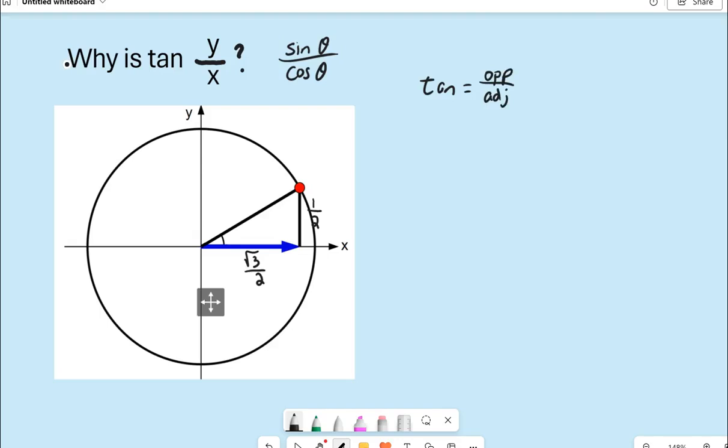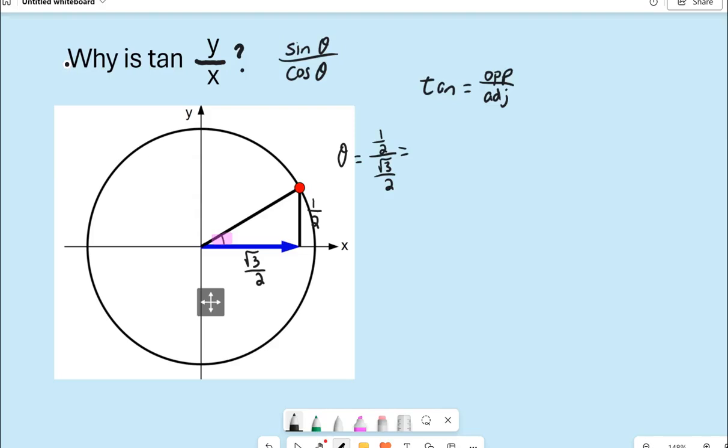Let's look at this one here with angle theta being 30 degrees. This is our central angle that we're measuring from. What's opposite? Opposite would be 1/2. And adjacent would be √3 over 2.